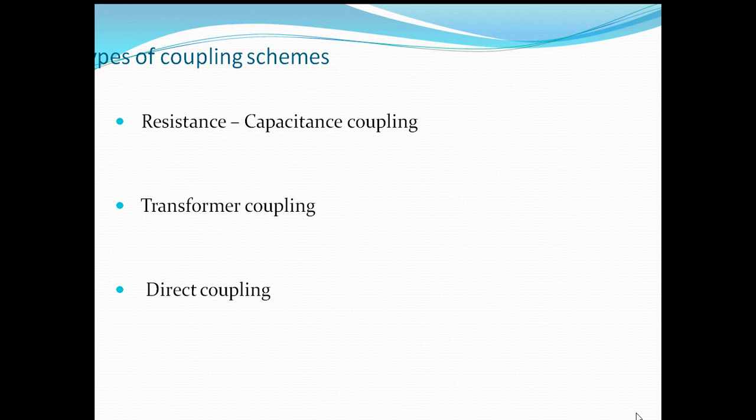Third one is direct coupling, where the first stage is directly coupled without any coupling network between one stage and another. That is called direct coupling. Let us discuss all these three couplings in brief.